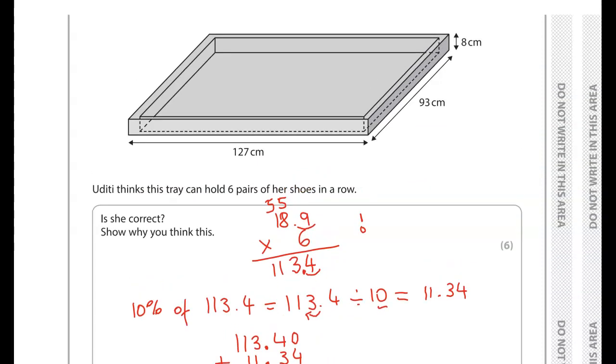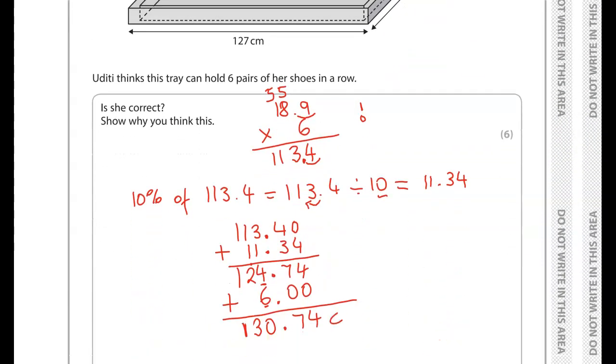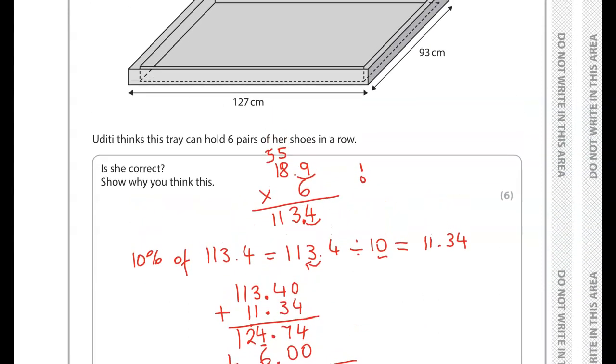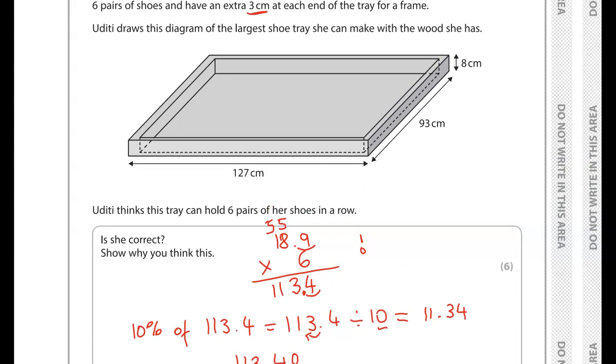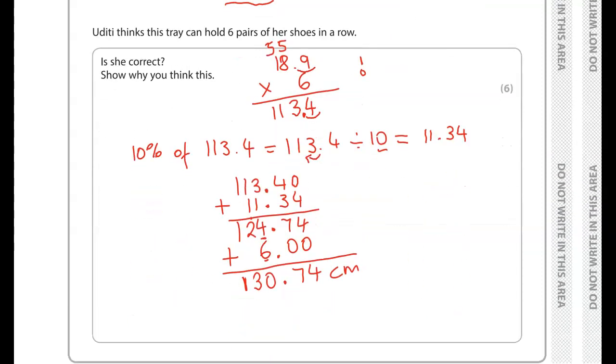And as we've been working with centimeters, this should be centimeters here. Now the question was, Udity thinks this tray can hold 6 pairs of her shoes in a row. Is she correct? Now let's just check. What's the width of the tray? That is 127 centimeters, which is less than the 130.74.